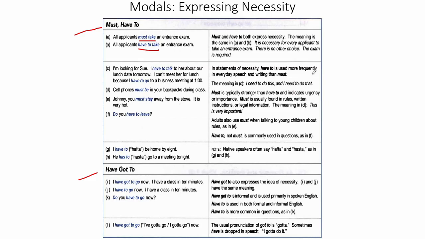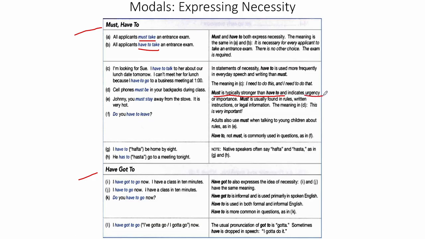In meaning, all of these sentences describe necessity. The only difference between must and have to is that must is typically stronger than have to in terms of degree of necessity, and indicates a kind of urgency.